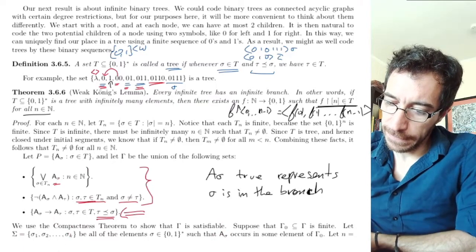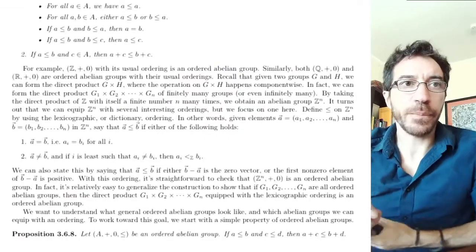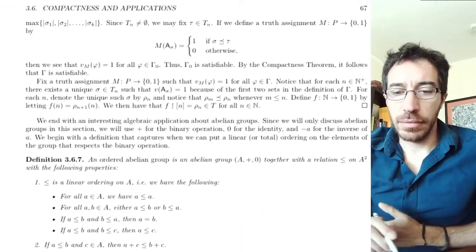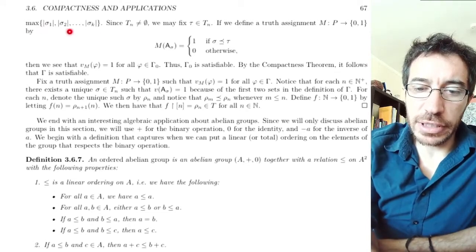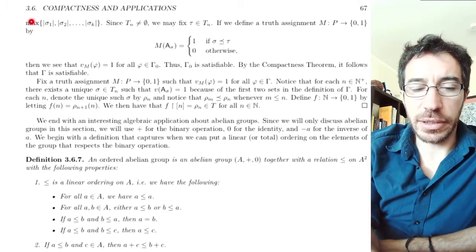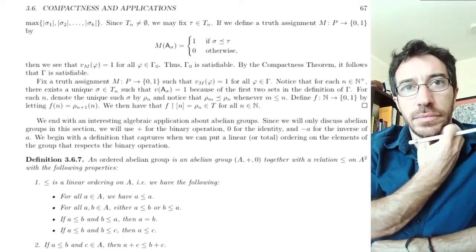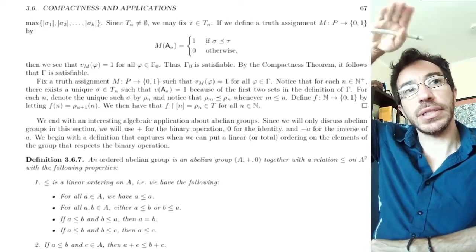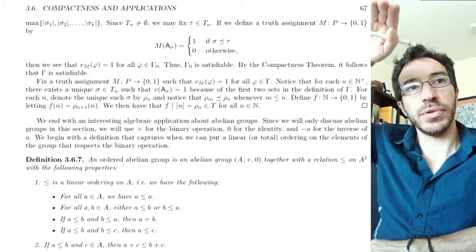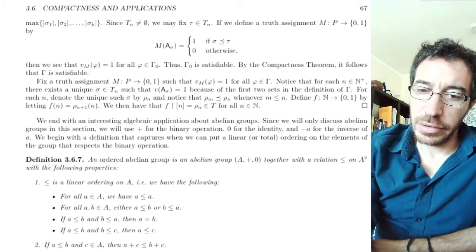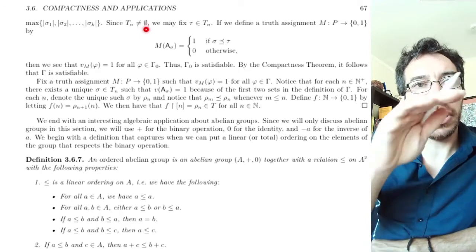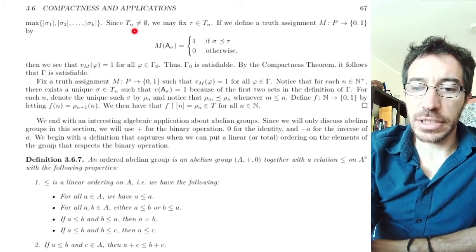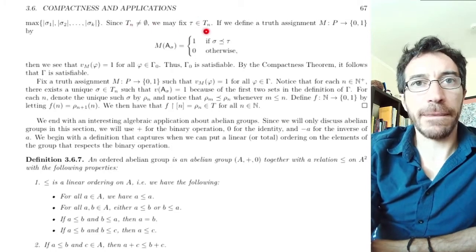Let n be the maximum level of all these that occur. There are finitely many, so there is a level in the tree such that all of them occur only up to that level. Since Tn, the tree up to that point, is not empty, just take an element in there.